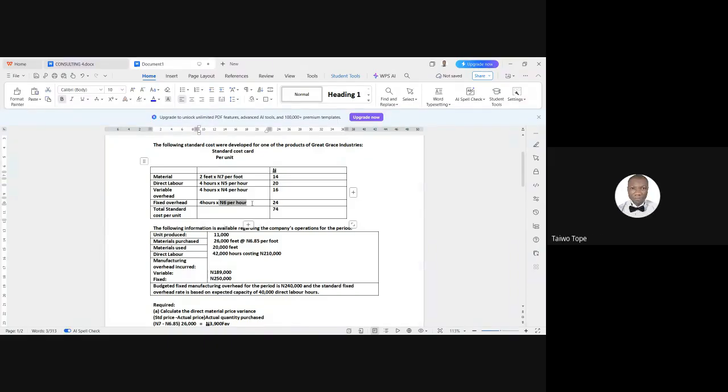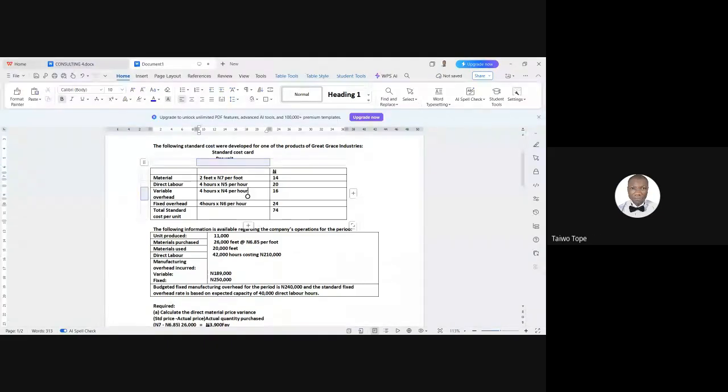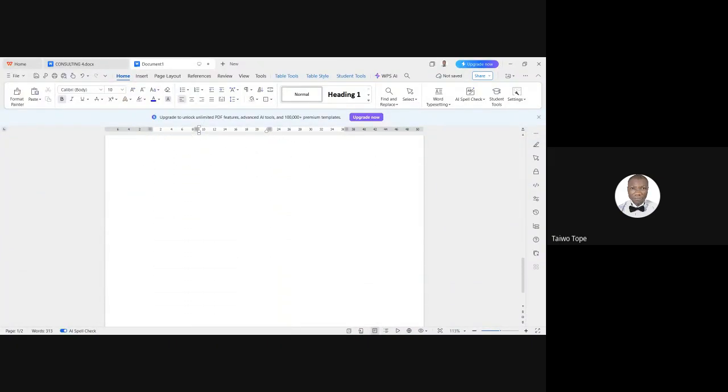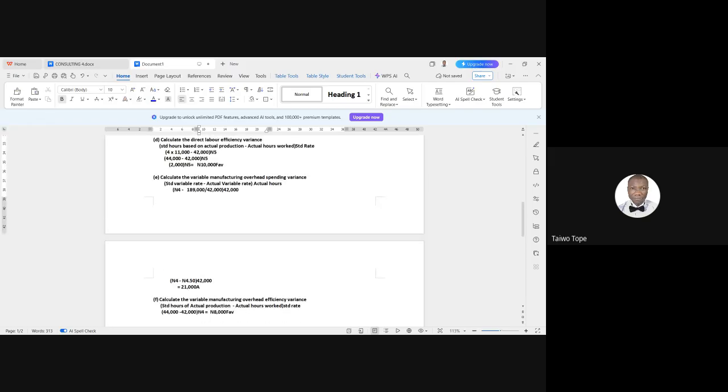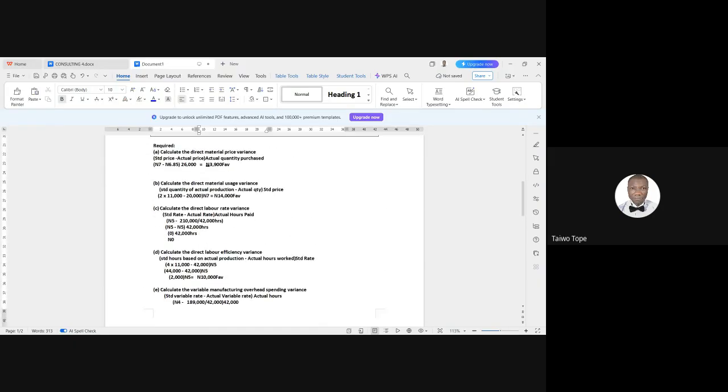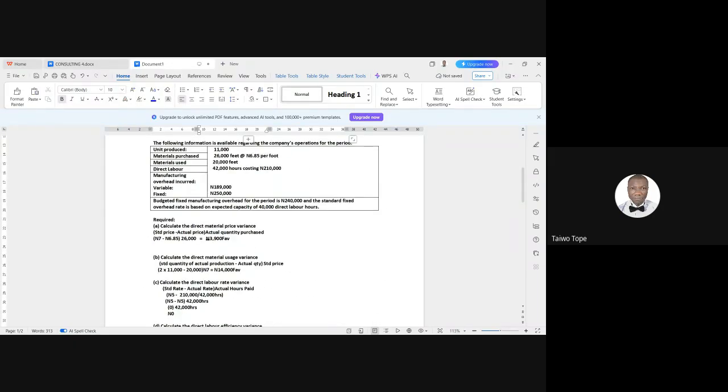But where the question didn't give you this, you must understand the formula that fixed overhead absorption rate can be determined in 2 ways. Your budgeted fixed overhead divided by your budgeted level of activity. Your budgeted fixed overhead in money value, based on this question, is 240,000.